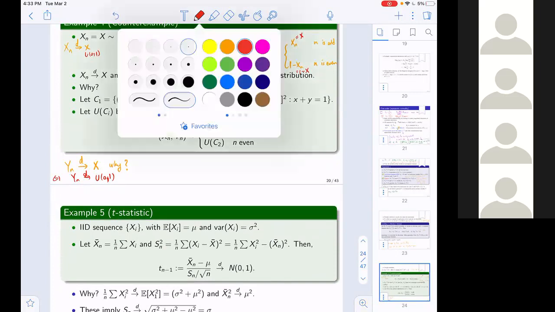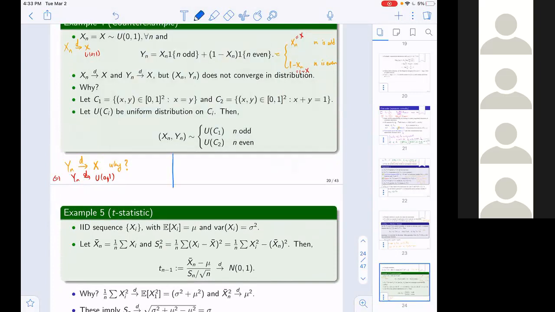If I plot (Xn, Yn) as a point plot, what would it look like for different n's? Xn itself would be uniformly distributed on 0, 1. Yn itself would be uniform on 0, 1. But how about the joint? What would the joint distribution look like?